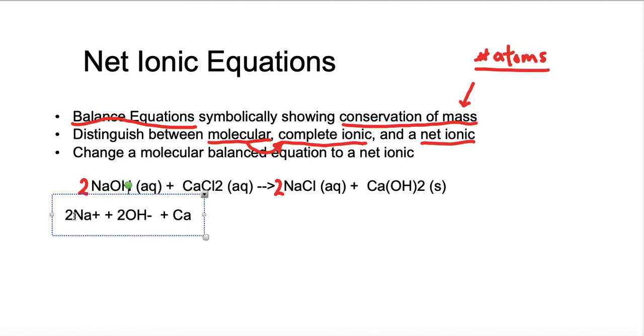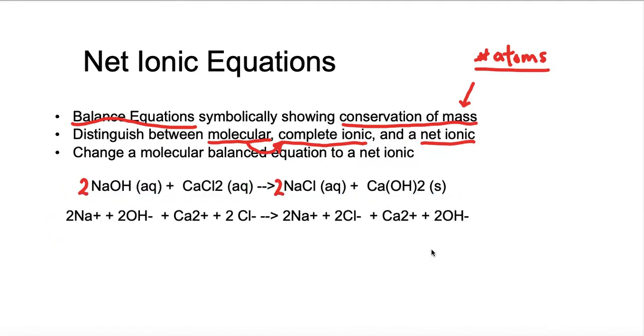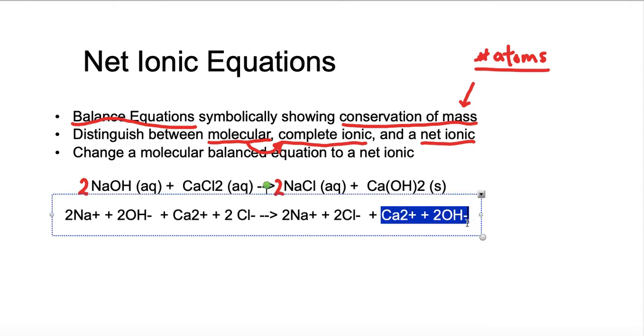My calcium, which is 2 plus, breaks up with my chlorine, and there are 2 chlorines in there, 2Cl. And then that turns into my other side, which is 2Na plus, 2Cl minus, plus Ca2 plus, 2OH minuses.